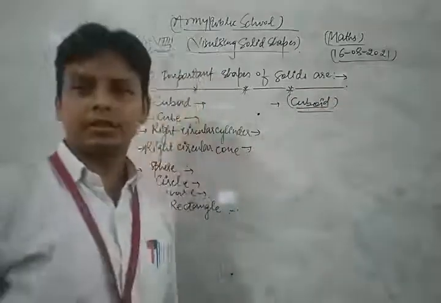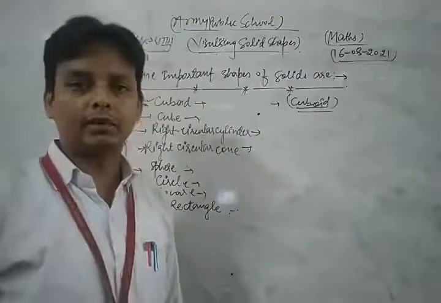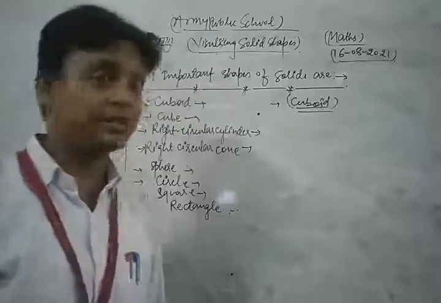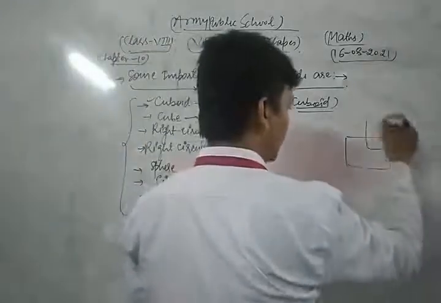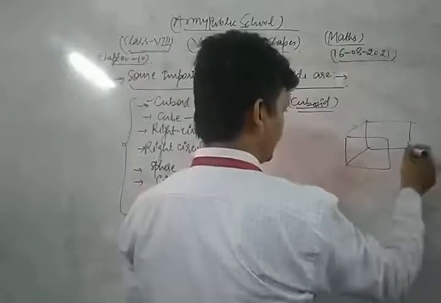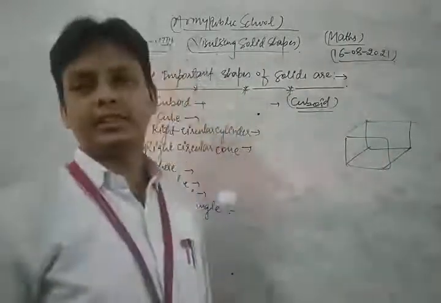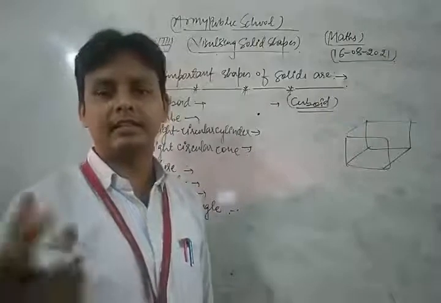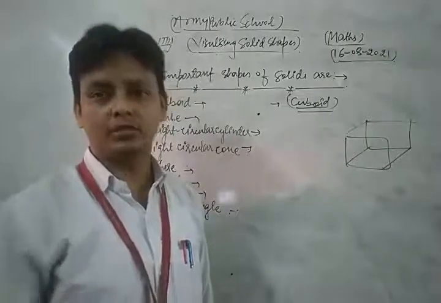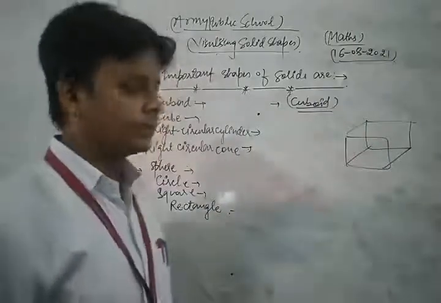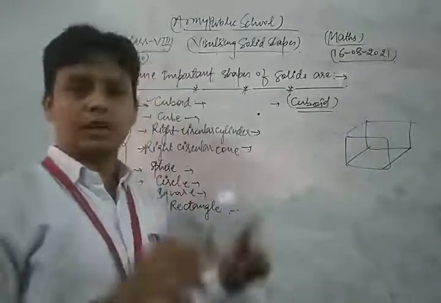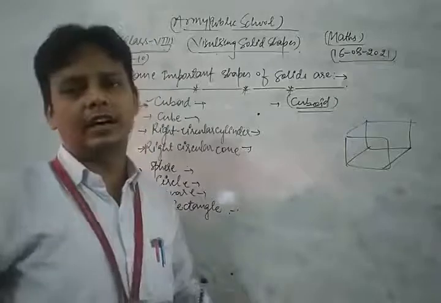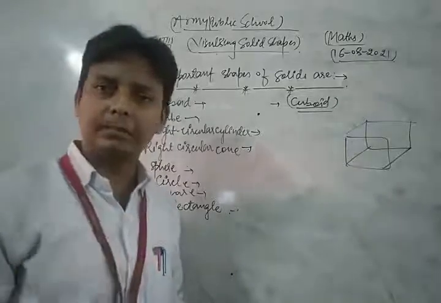Do you know what the concept of a cuboid is? A cuboid is a rectangular, three-dimensional shape of solid. Like our book, these are all cuboid shapes. If we give some examples of cuboid: our books, a room, a box, a container, all are things which have length, breadth, and height.